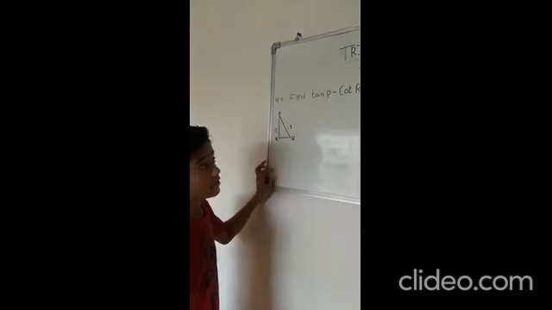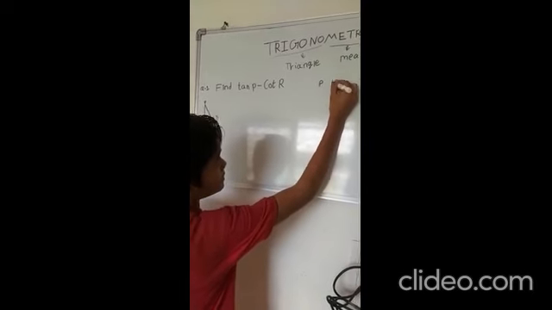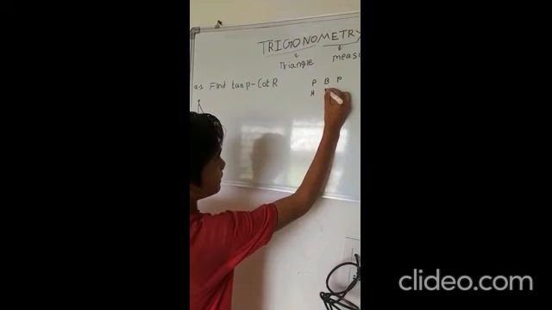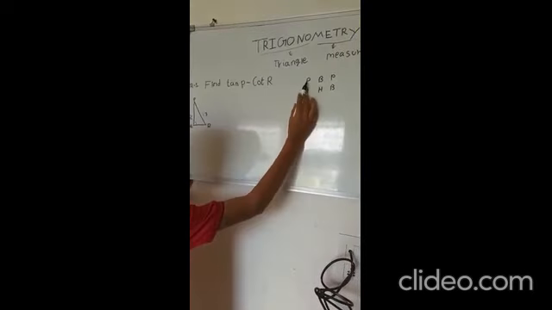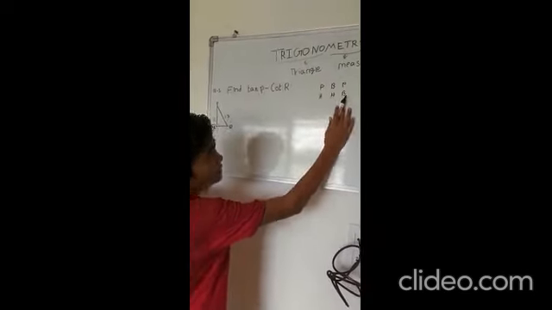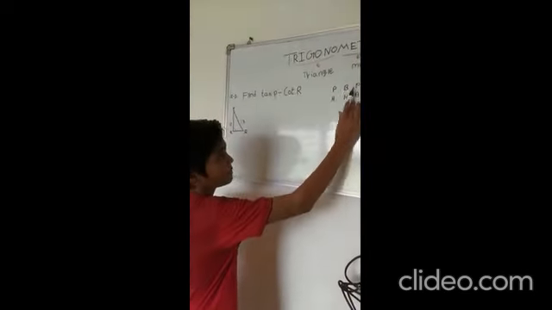First we take one formula, that is P, B, P, H, H, B. That is perpendicular, base, perpendicular, hypotenuse, hypotenuse, base. In Hindi, that is called Pandit Badri Prasad Har Har Bole.